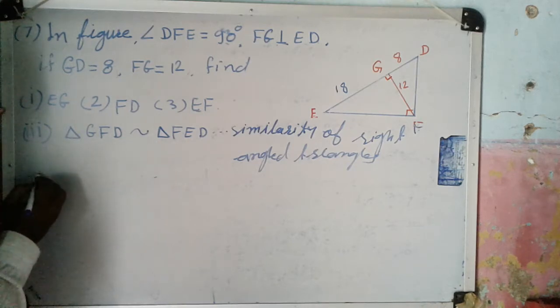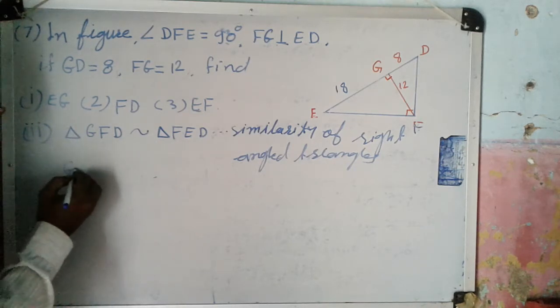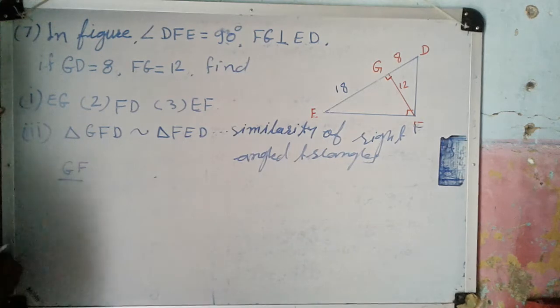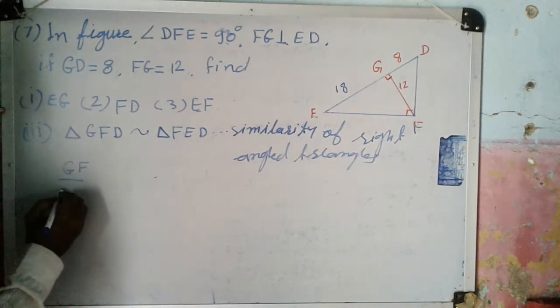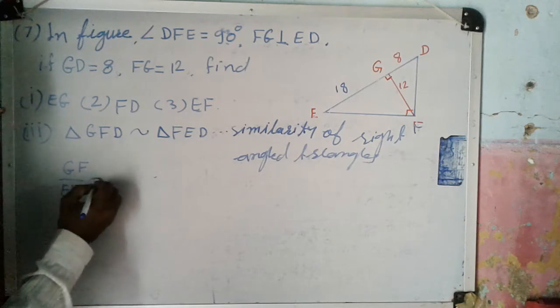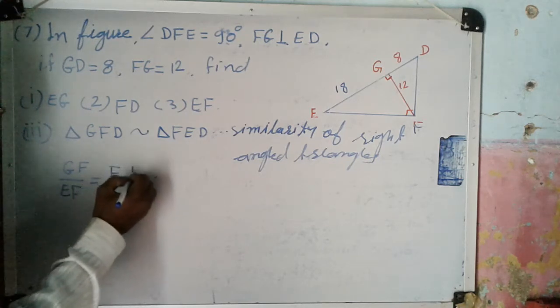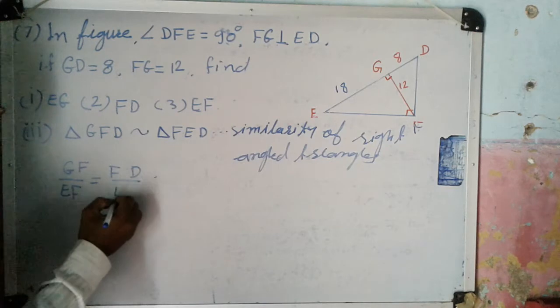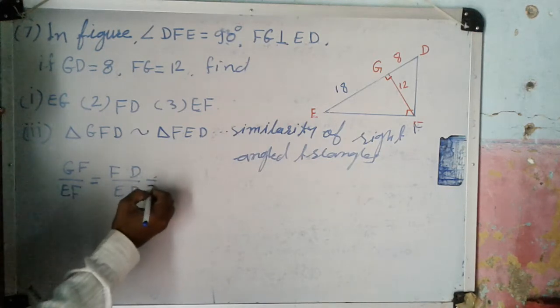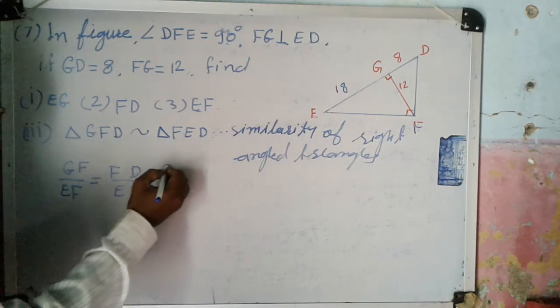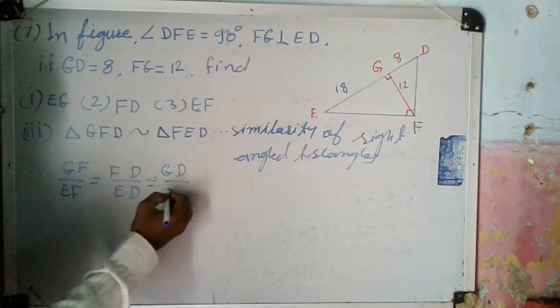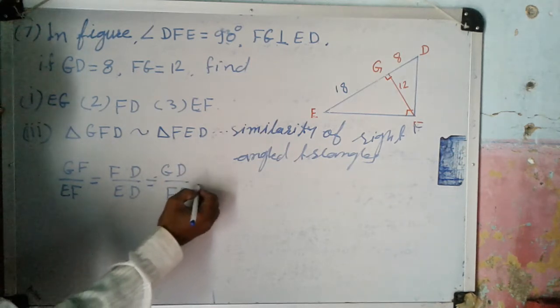So corresponding sides GF upon EF is equal to FD upon ED is equal to GD upon FD.